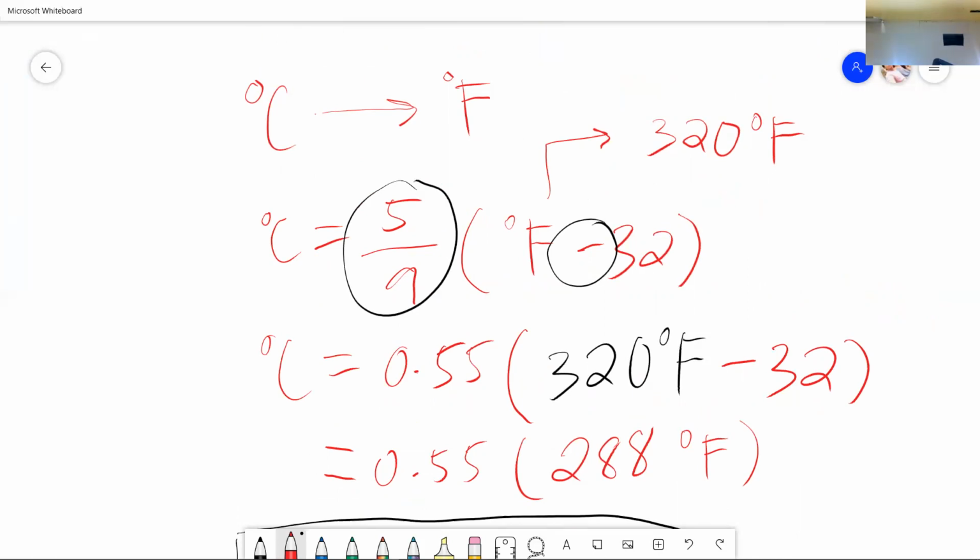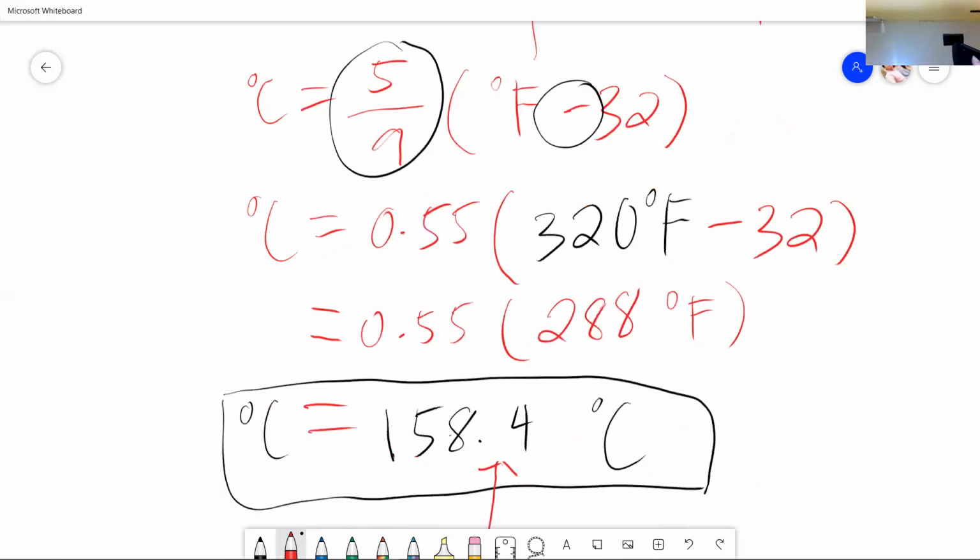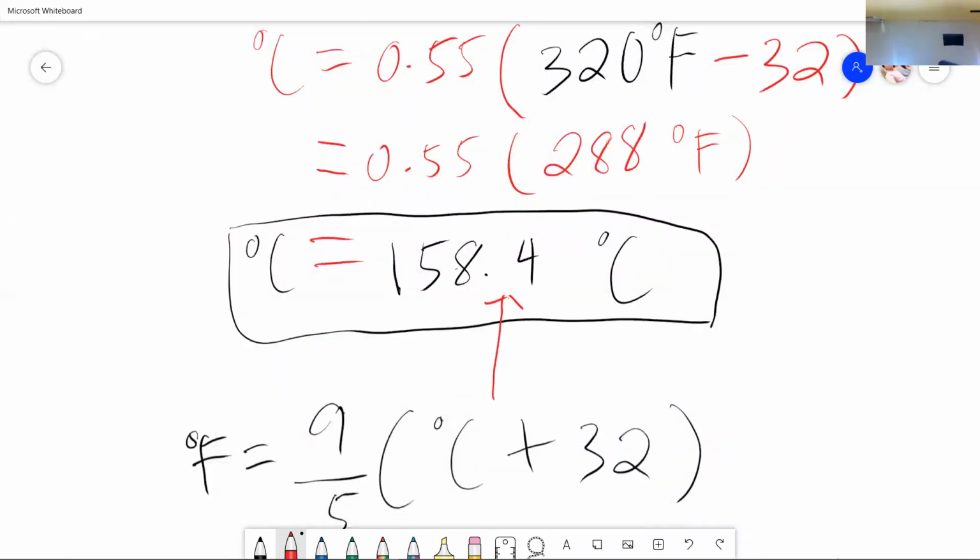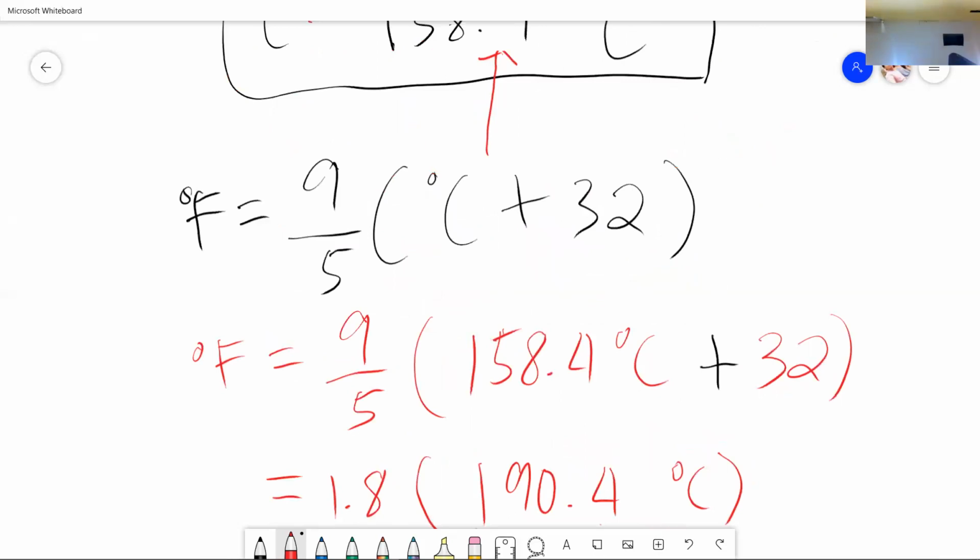5/9 times 320 minus 32. So that is 160. Then 9/5 times 160 plus 32.